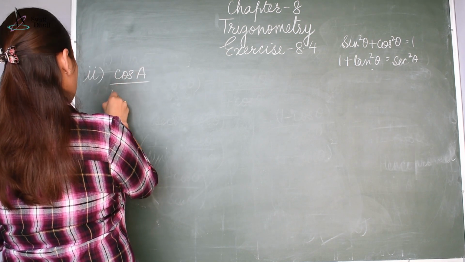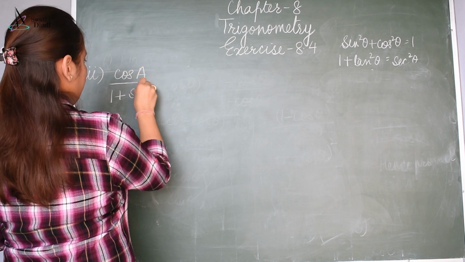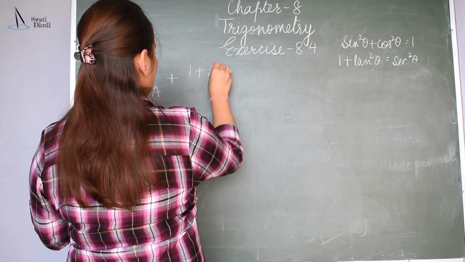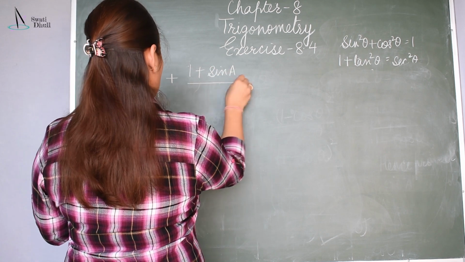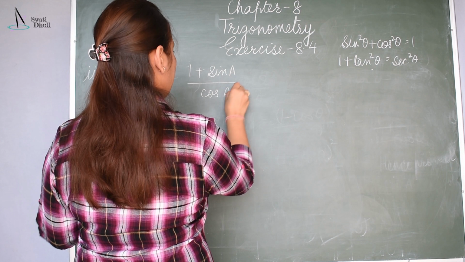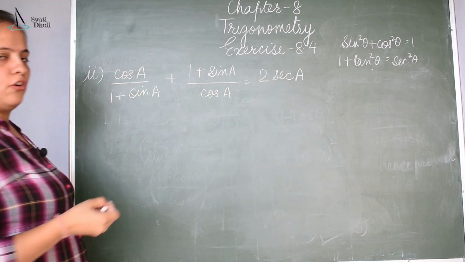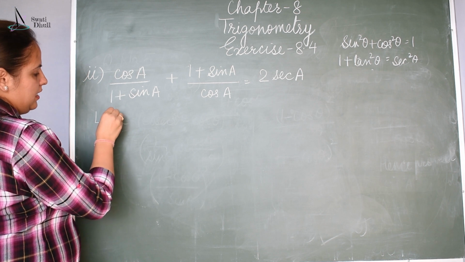Cos A by (1 plus sin A) plus (1 plus sin A) upon cos A is equal to 2 secant A. So first of all, let's take the left hand side.